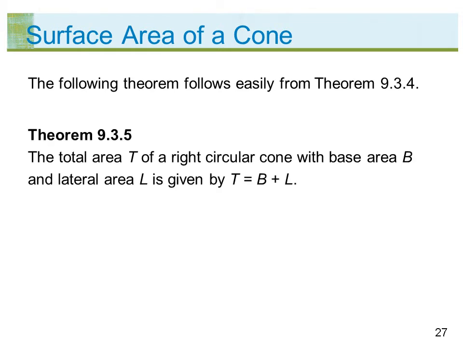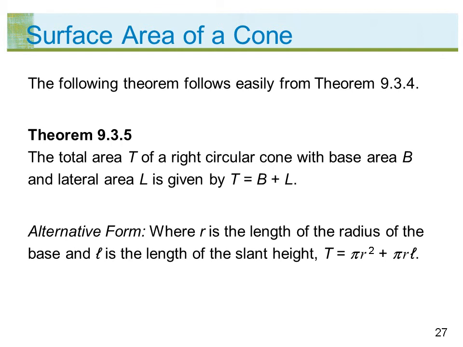Theorem 9.3.5. The total area, T, of a right circular cone with base area B and lateral area L is given by T = B + L. Alternative form, where r is the length of the radius of the base, and ℓ is the length of the slant height: T = πr² + πrℓ.